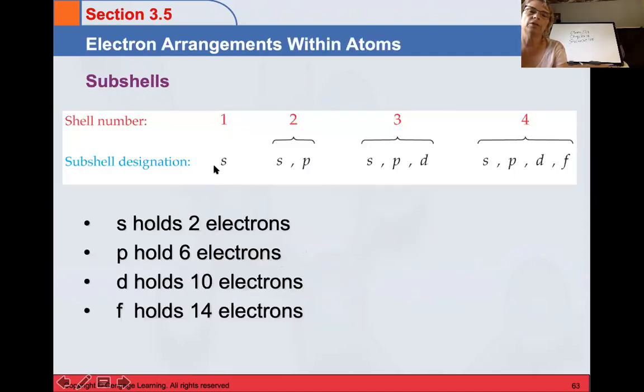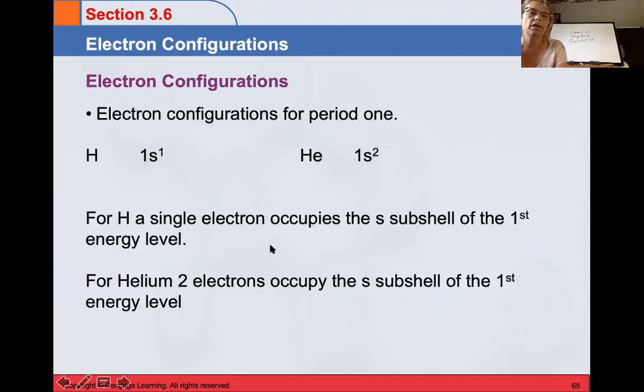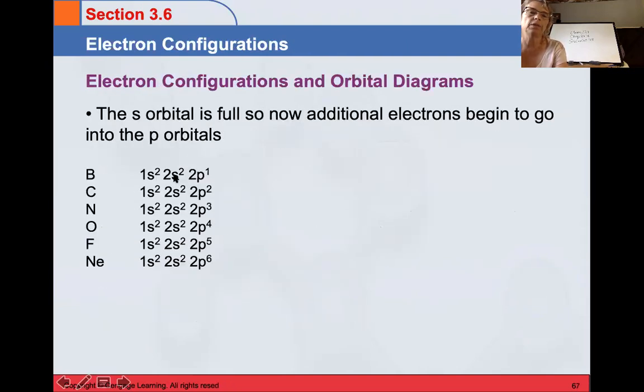the first shell, we filled the s subshell of shell 2, because s can only hold 2 electrons, that's 4. So if we want to go past beryllium, we have to start now using the p subshell of the second shell. And that's exactly what happens past beryllium. Once we get to boron, if we want to add the next electron, now we have to start adding electrons to the p subshell.